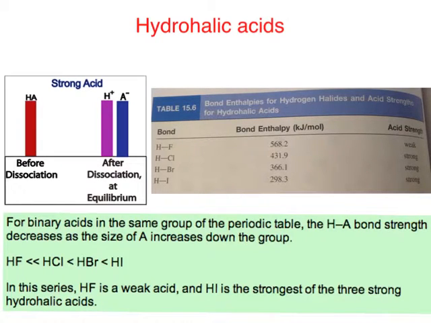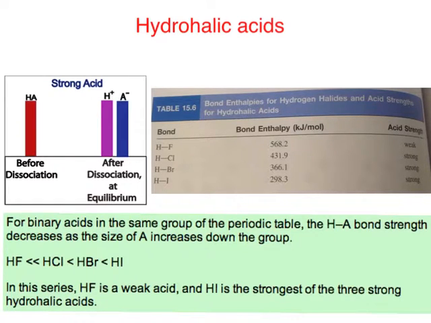Well, for binary acids in the same group of the periodic table, as it mentions down here, the HA bond strength decreases as the size of the A, which is the anion, increases down the group. So as you can see here, hydrogen fluoride, hydrofluoric acid, is much weaker than HCl, which is weaker than HBr, which is weaker than HI.